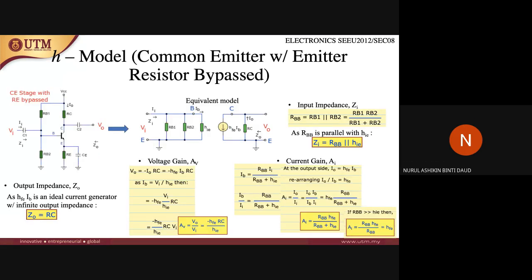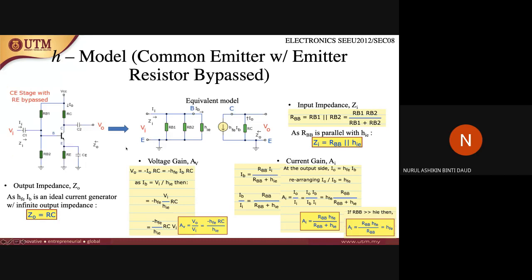So this is common emitter with emitter resistor bypass, with a resistor and a bypass capacitor. In these cases, we are using the h model to solve.